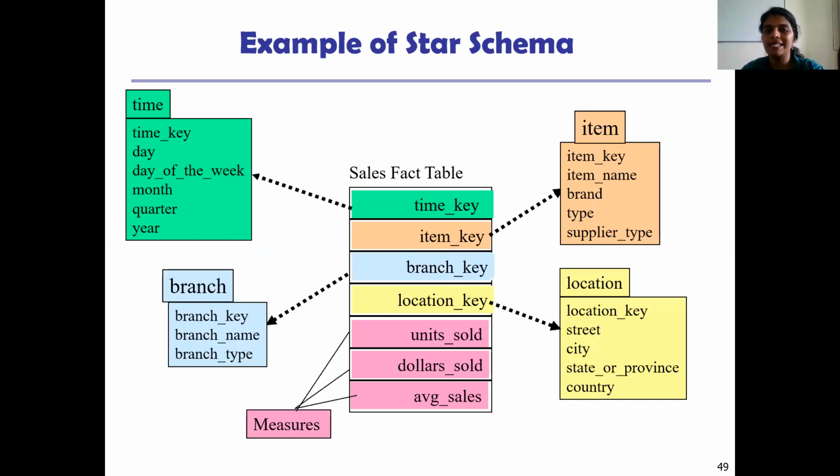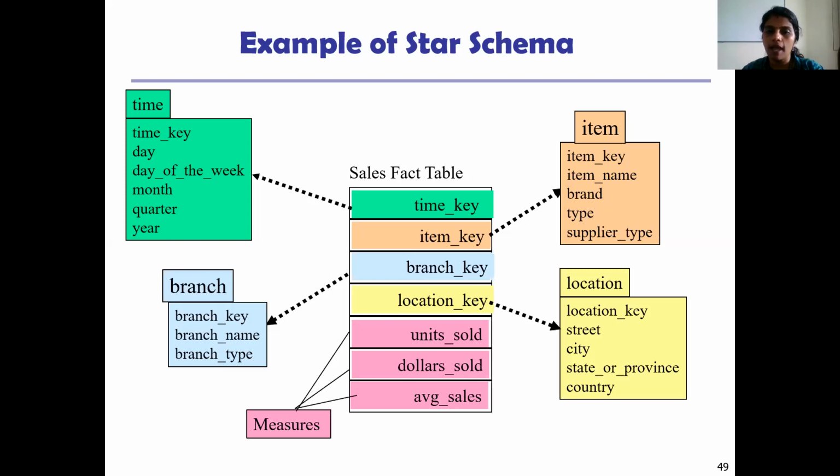You have the sales fact table in the middle, and you have four dimension tables. Which are the dimension tables here? One dimension table representing time, another representing item, another representing branch, and the fourth representing location. Now, what are the contents of the sales fact table?